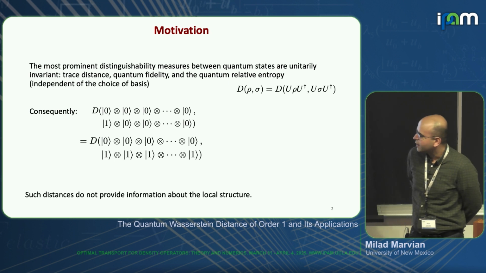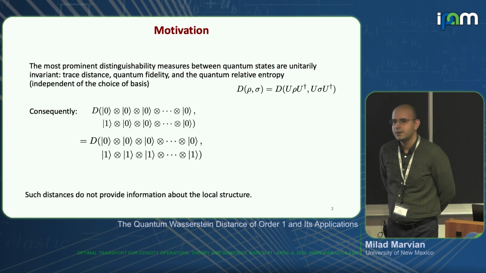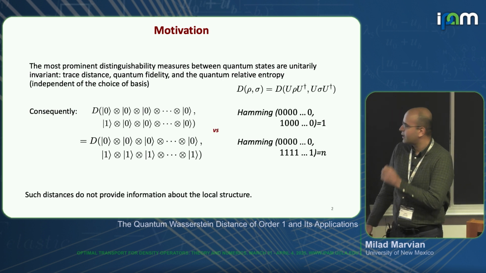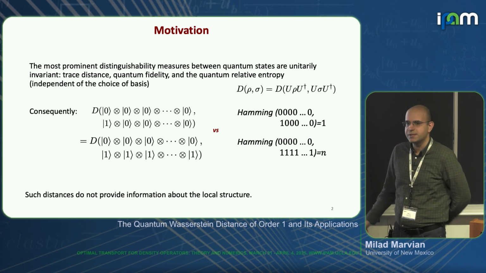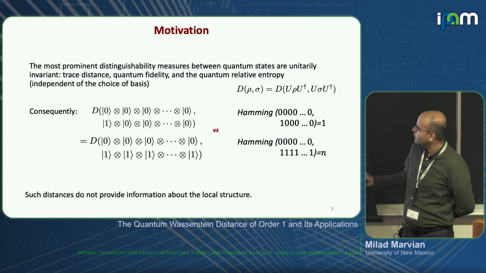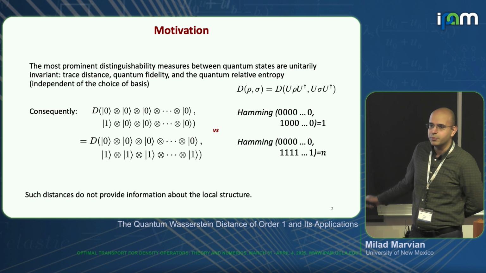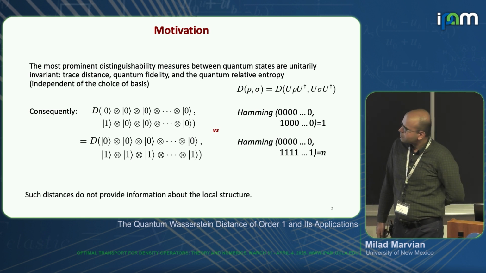That means that you get rid of the local structure of your Hilbert space. And of course, we like other distances for some applications, like Hamming distance, which is sensitive to these changes. It gives you a number 1 when you compare this string to this string, and number n if you compare these two, right? So that's the motivation.